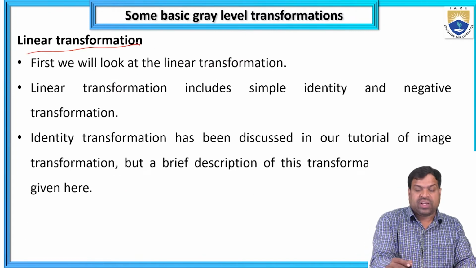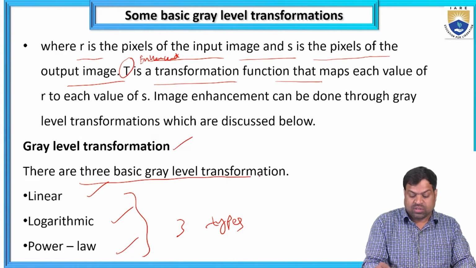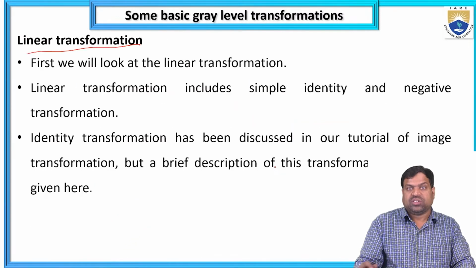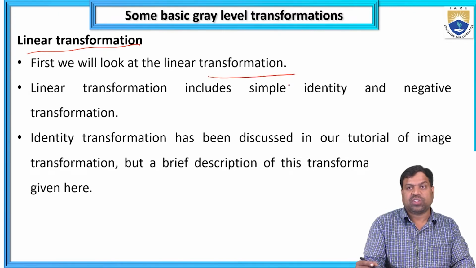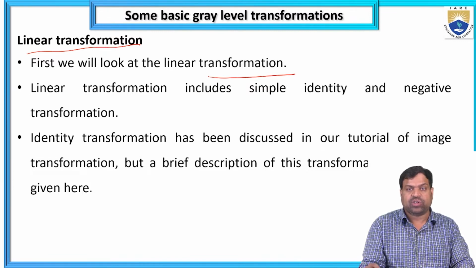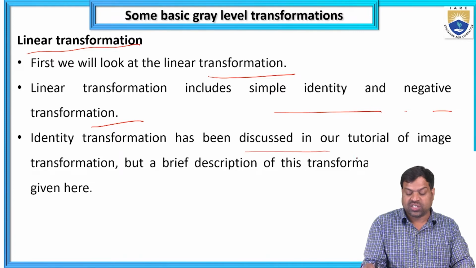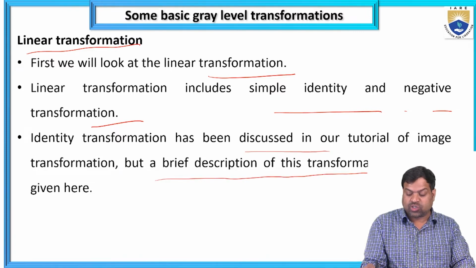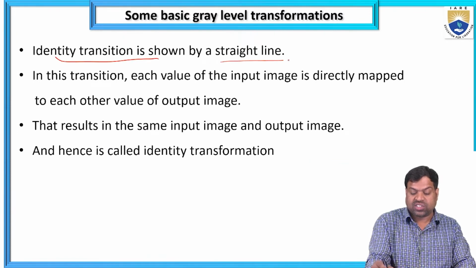So, what is the linear transformation? It is one type of gray level transformation. Linear transformation includes simple identity and negative transformation. The identity transformation is a straight line.